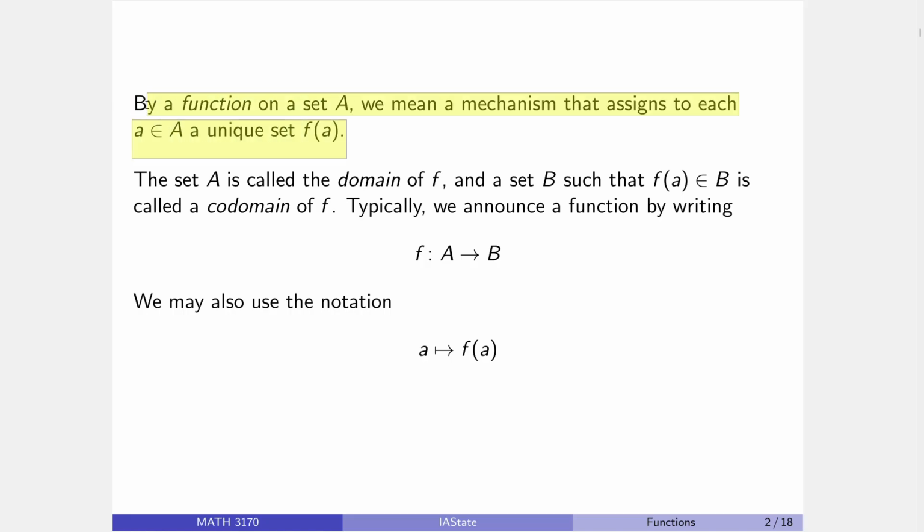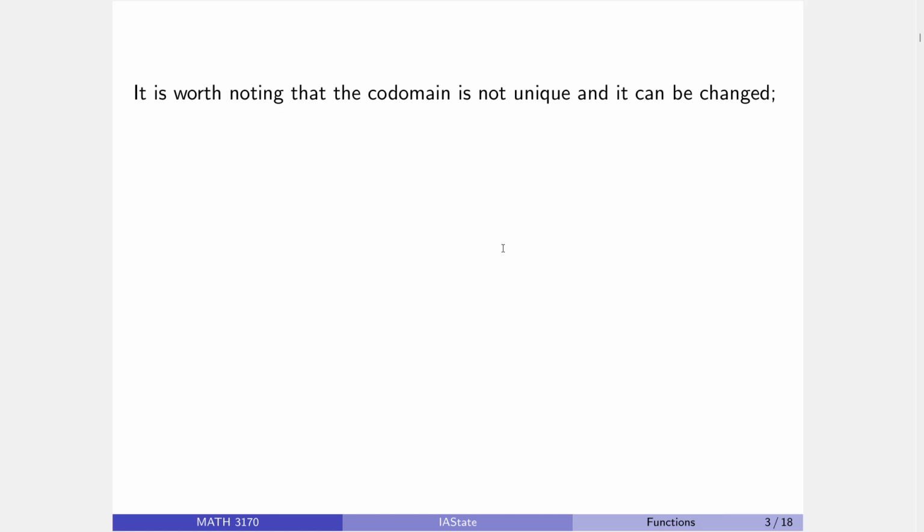We don't really care where they land. We just care about the actual mechanism. You give me an element a and I make an output. So this notation kind of stresses that this gets mapped to that. And you really use this notation especially if you don't really care to be too mindful of the codomain.